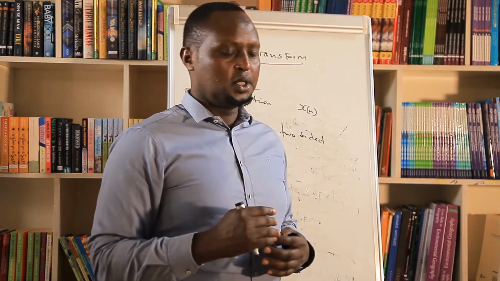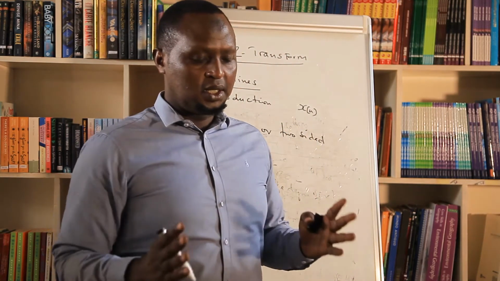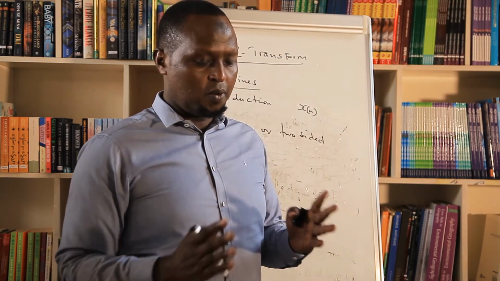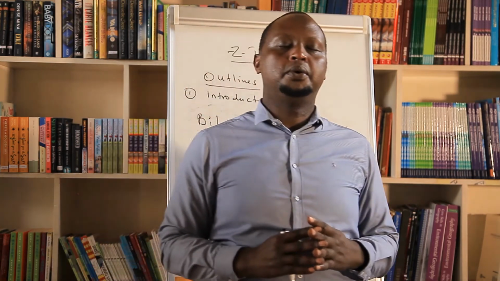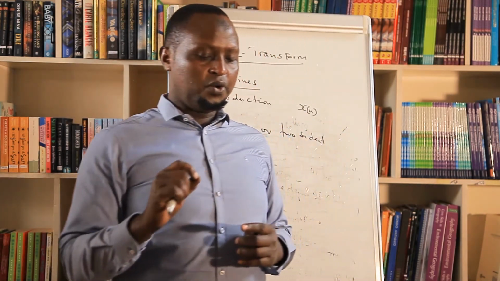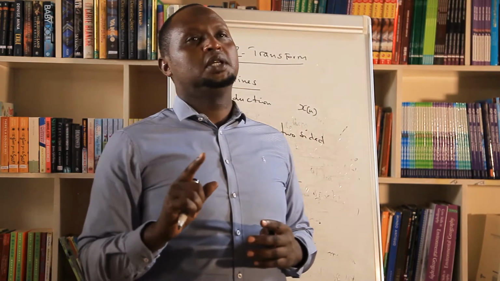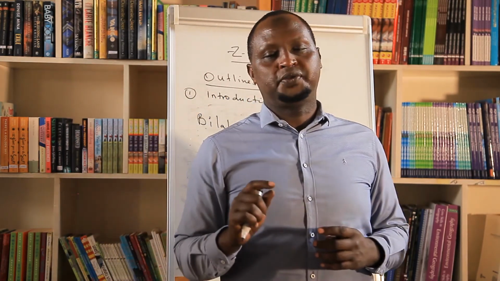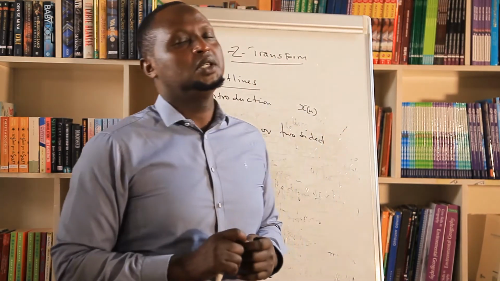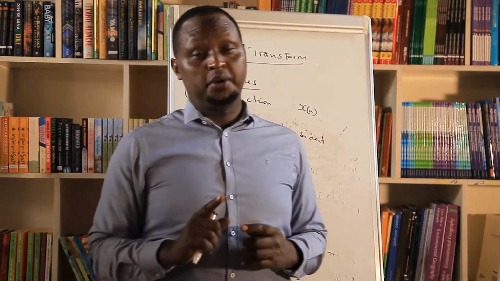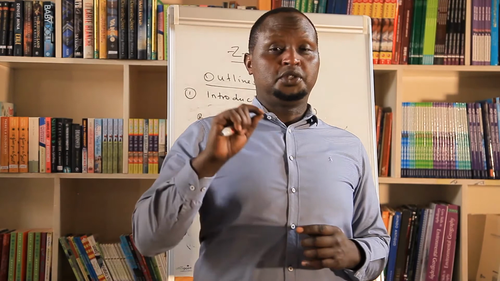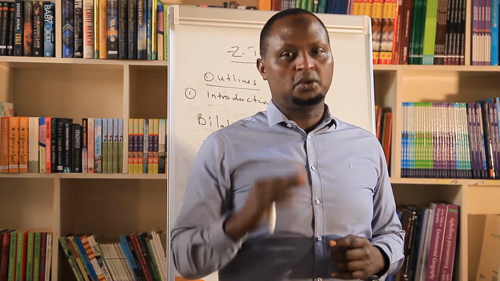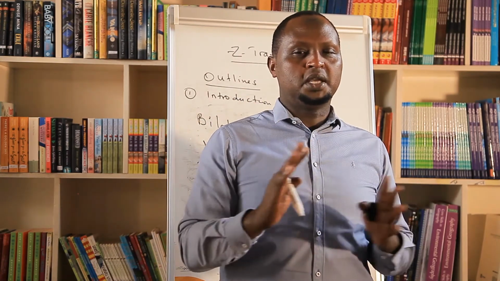Why do we call it double? Because there are two steps that determine why it is double: you go from negative infinity to 0, and then from 0 to infinity. You can see they are double-sided.